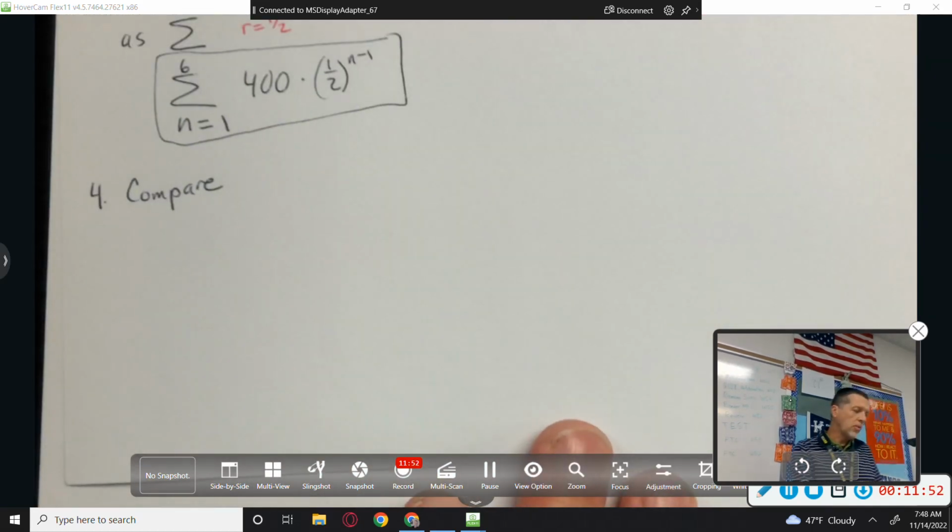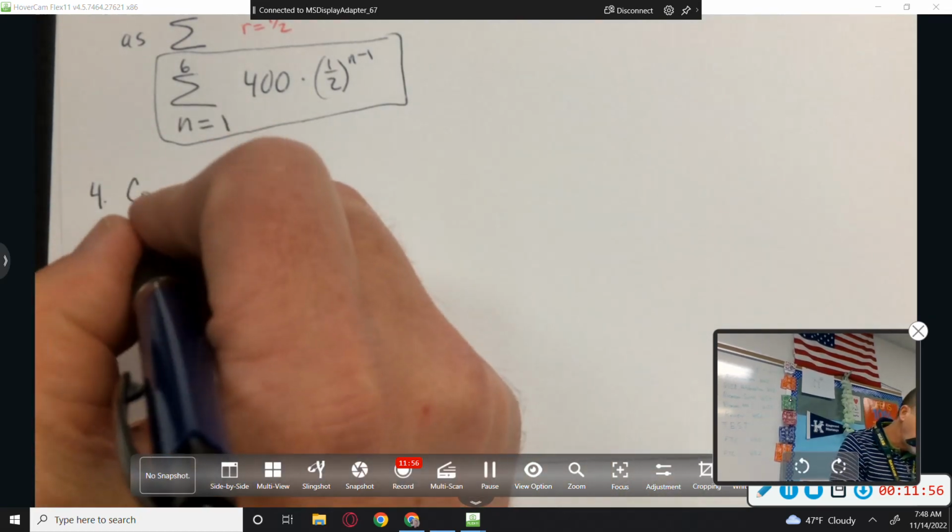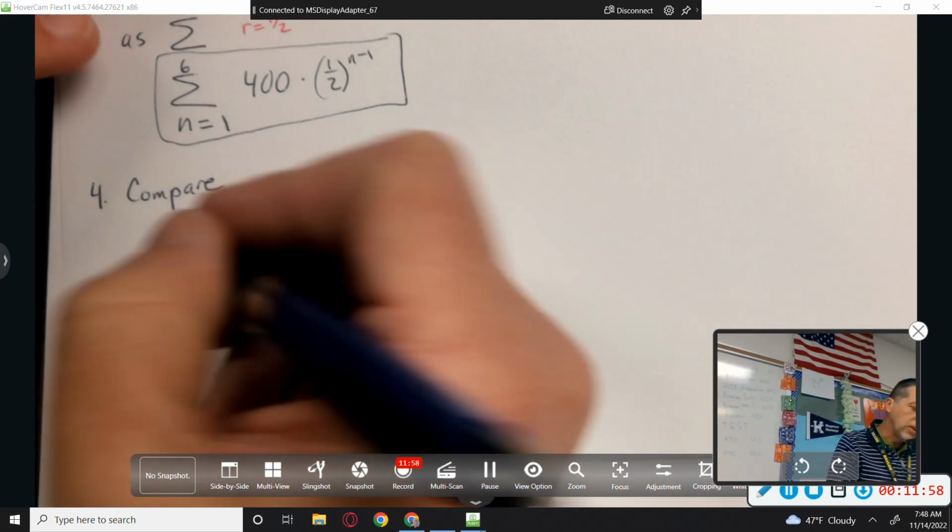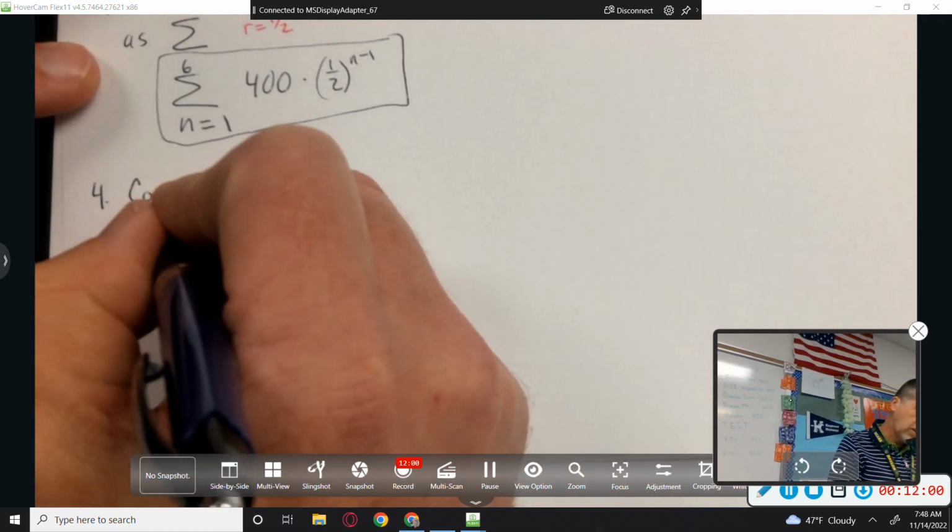We're going to look at 3 different series. So we're going to make kind of a table here with 3 different entries.